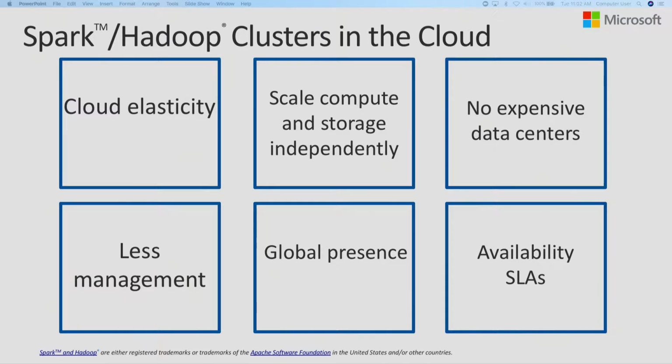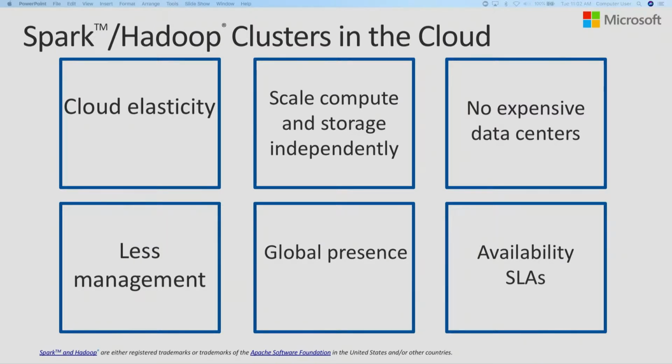And then no expensive data centers. This is a huge one. I'm part of our regional availability team. And so being able to roll out these data centers for people without them having to incur that cost on-premise is huge. And then less management. We're able to provide compute and storage for you without all the pain of having to upgrade and do all the management yourself.